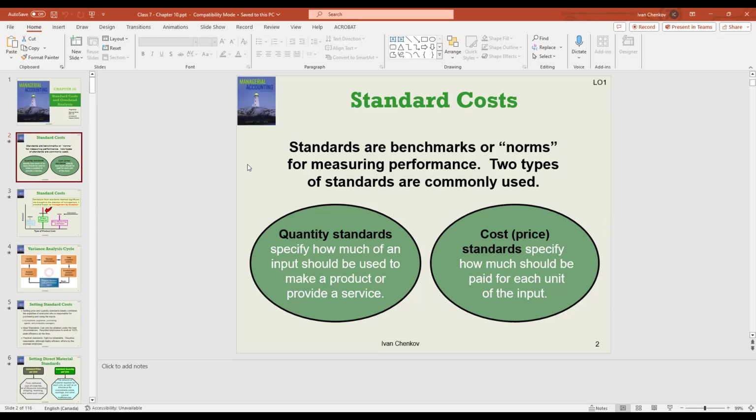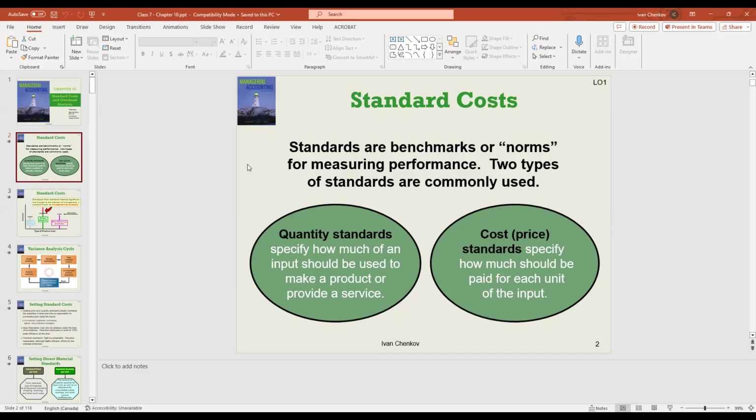Quantity standard is always going to be how much input we should use in order to produce a product or to provide a service. The price standard is always going to be the price that we are supposed to pay for each unit of the input, of the quantity of material or service that we are planning to use.